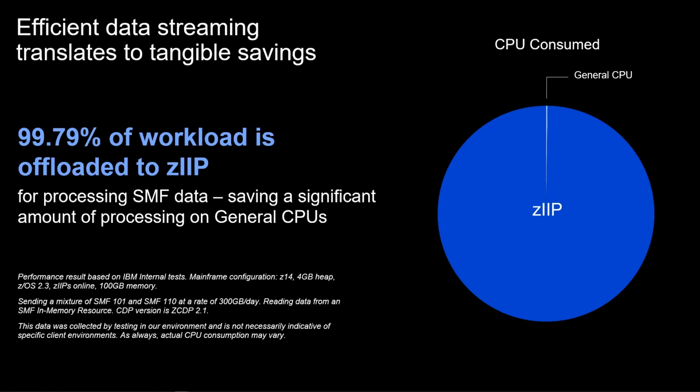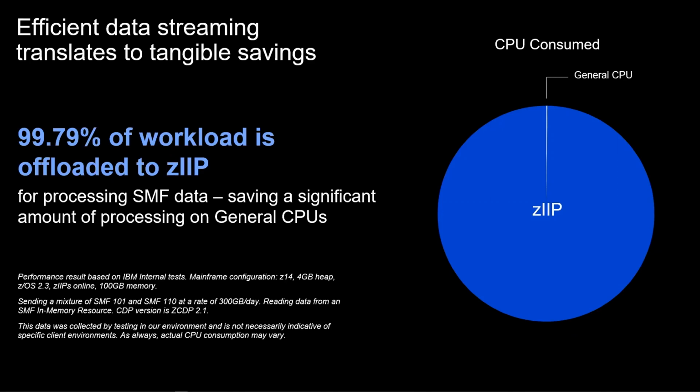So a very significant achievement that we had within the team, and this has provided a number of our clients with significant benefits so they can collect large amounts of data with very little impact to the general CPUs on their systems.